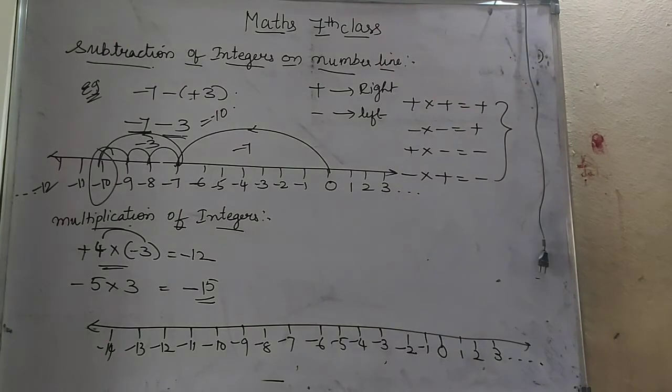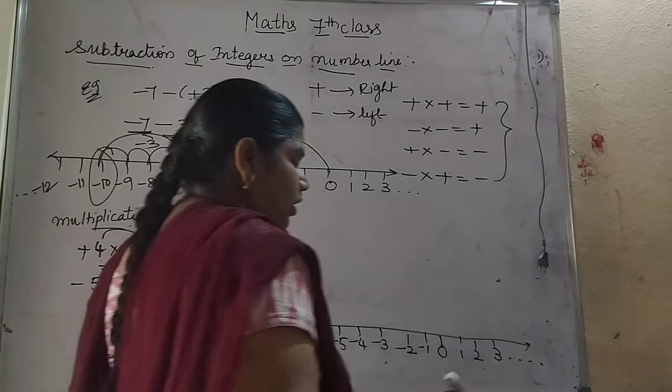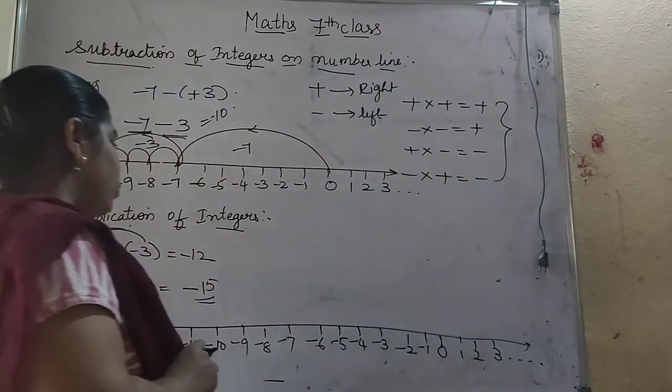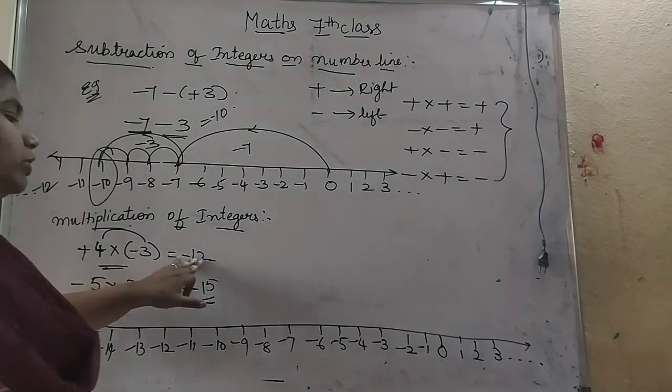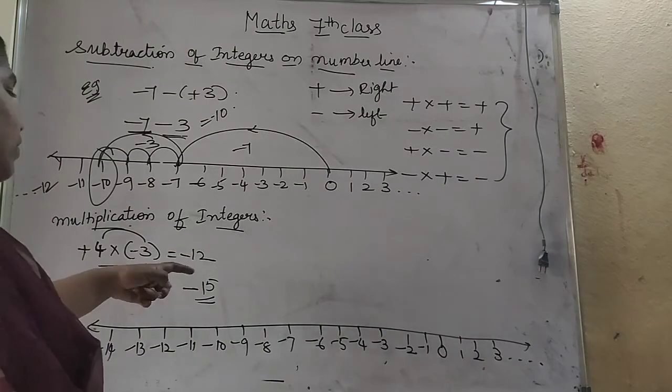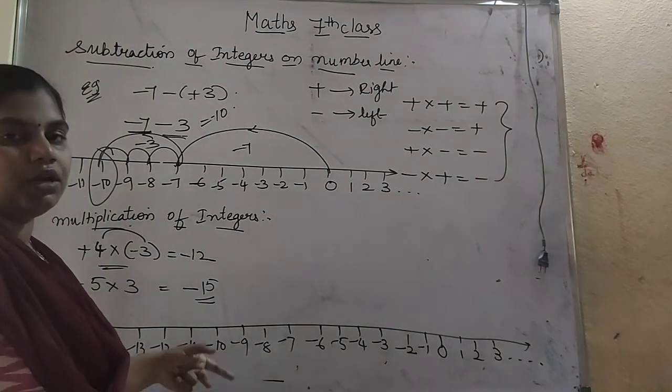Okay, so now plus 4 into minus 3. So 4 into minus 3 we have to show. If you multiply 4 into minus 3, how much did you get? Minus 12 you got. This minus 12 we have to show on the number line now.